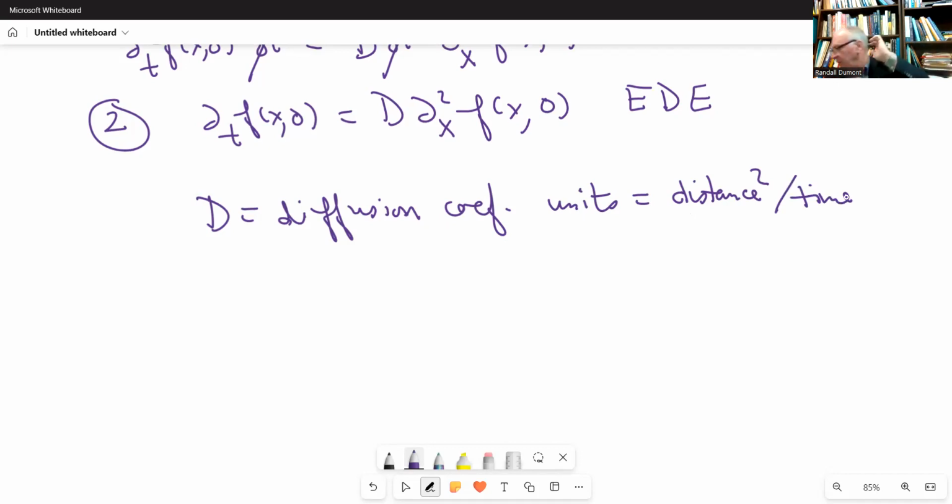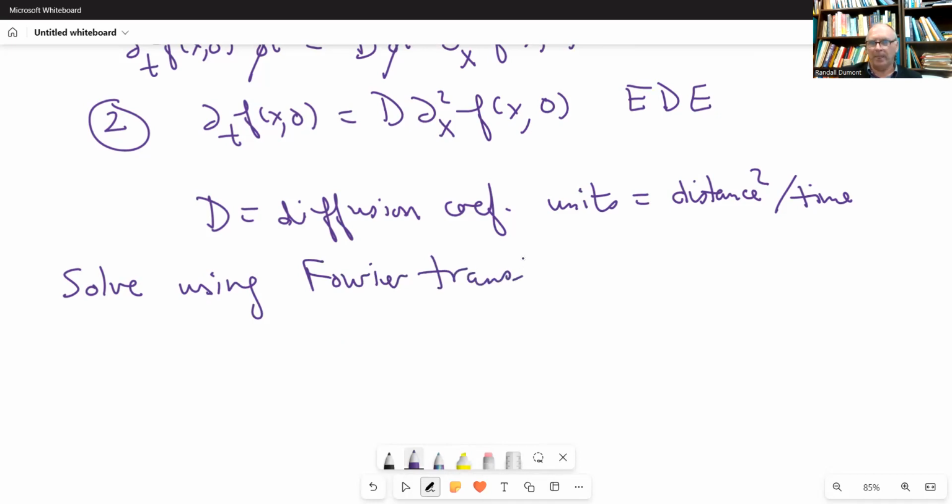Okay, so what are we going to do next? We're going to solve that equation, of course. We're going to solve it using a Fourier transform with respect to x.